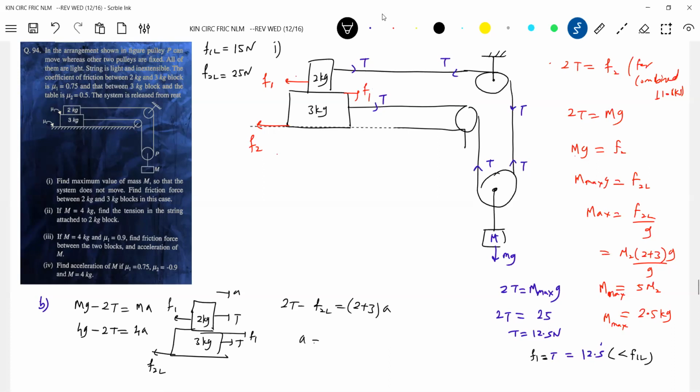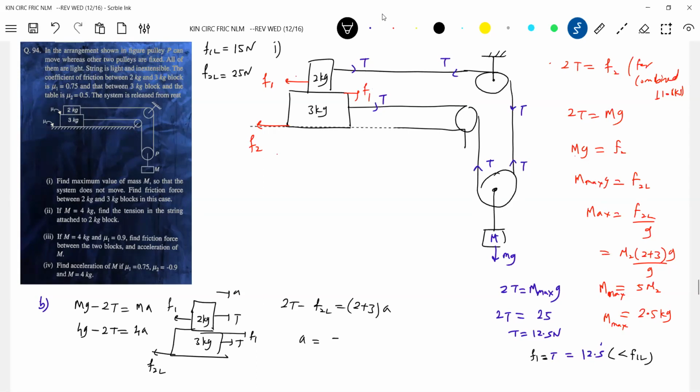First, let me add up this. Anybody value a? 2T, 4g minus 2T, no? So this will be 40 minus 25, 15. Okay, 3 Newton. Oh, 4a, no? 5a, 9a. 9a will be 40 minus 25, 15, 15 by 9.